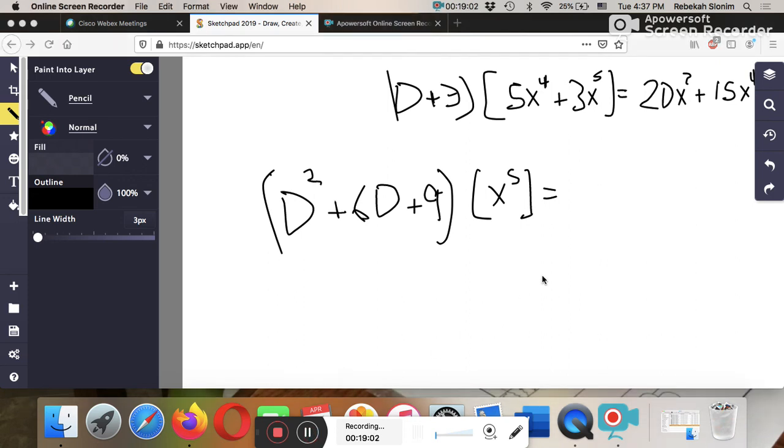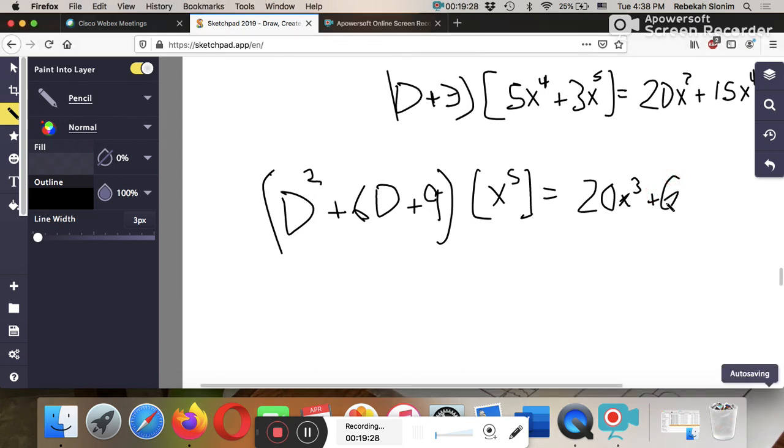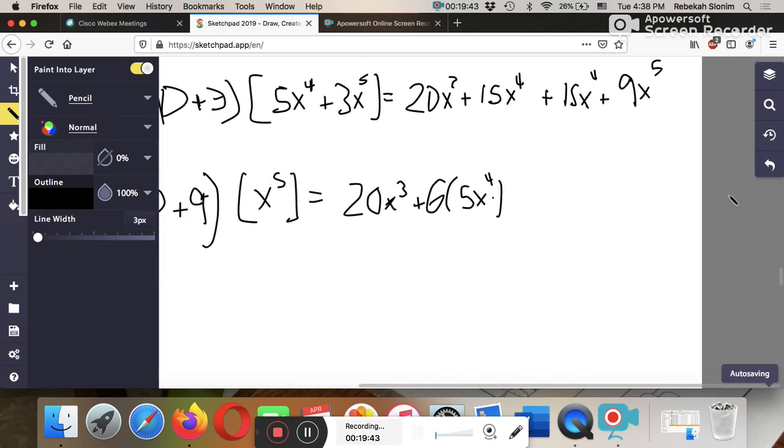So 20x cubed plus, let's see, plus 6 times, what's the first derivative? The first derivative would be 5x to the fourth. And then plus 9 times x to the fifth.